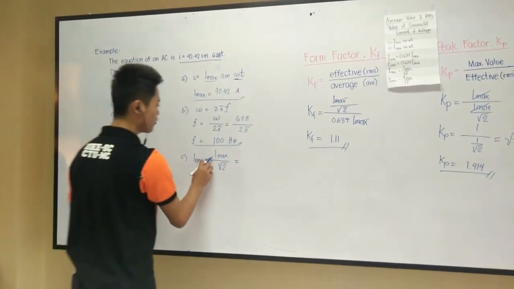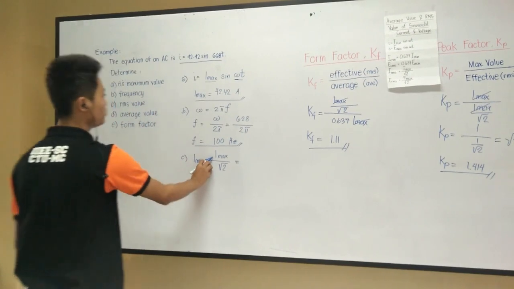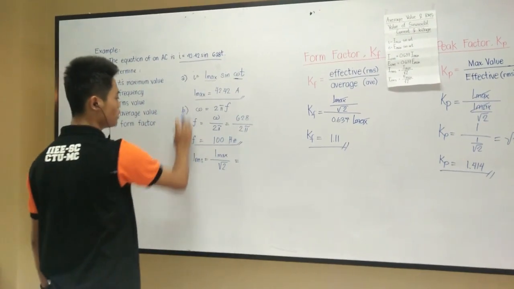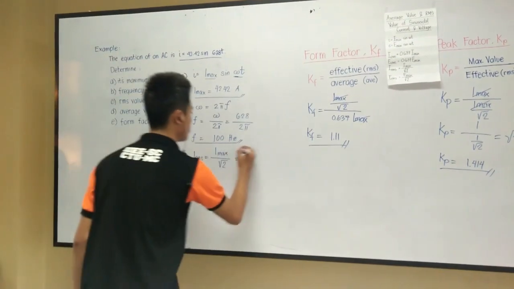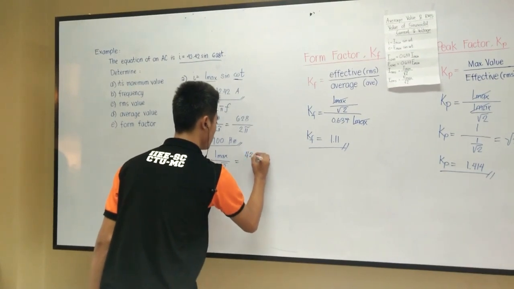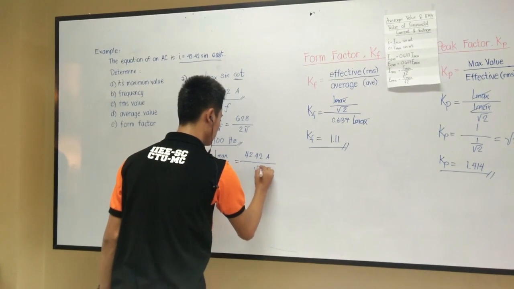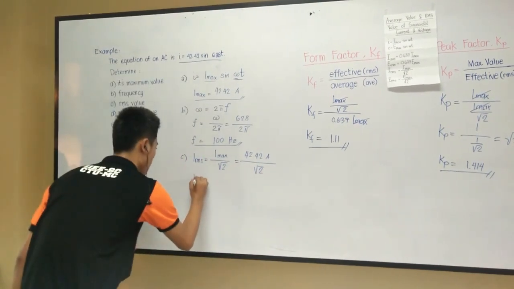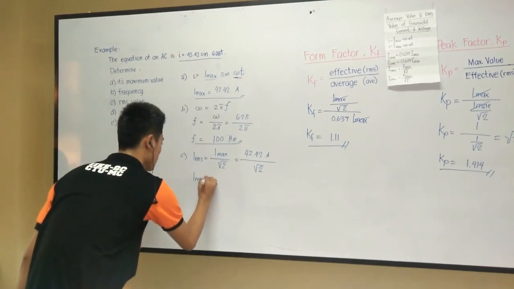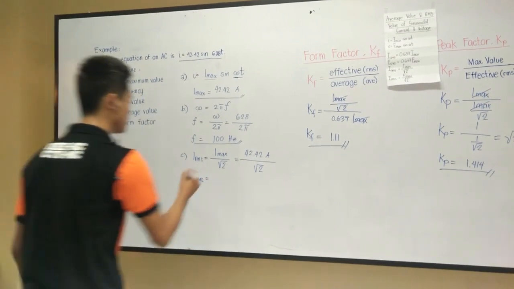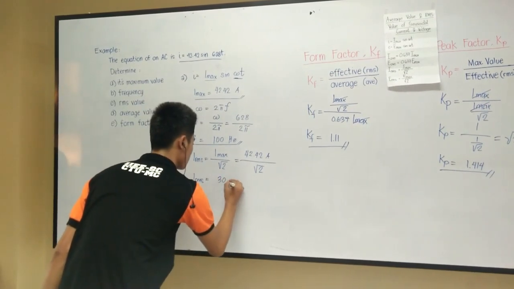And our maximum current, we obtained it in letter A. Therefore, we just substitute its value, 42.42 amperes over square root of 2. Now we have our RMS value of approximately 30 amperes.